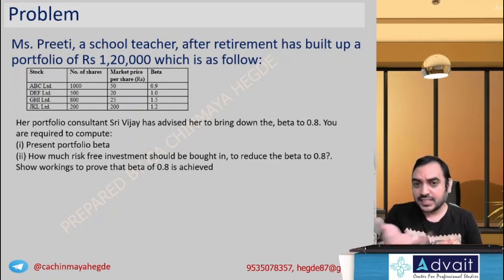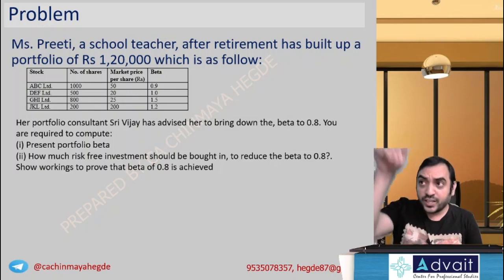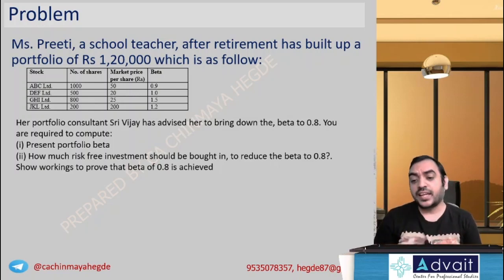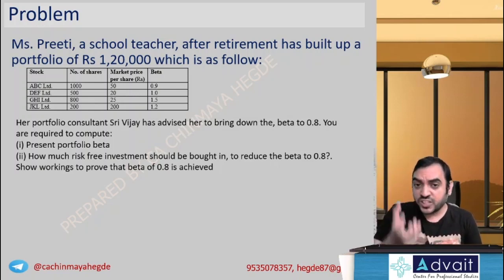Let's say the existing beta comes to 1.7. Now if you want to reduce the beta, the second point is telling that risk-free investment should be brought in. Why is it so? Because risk-free investment will have a beta of 0. Beta for risk-free investment is 0.